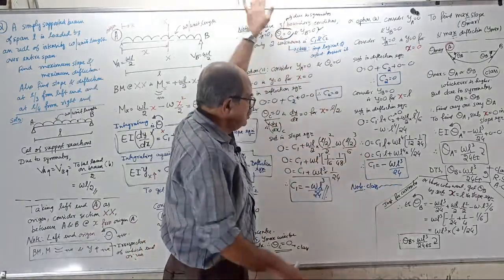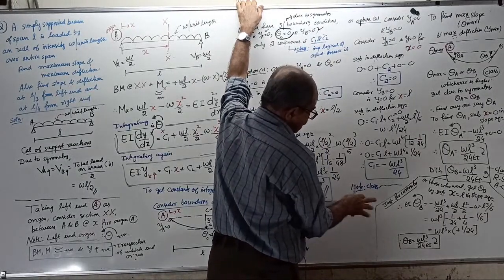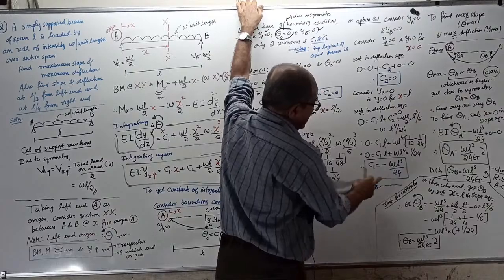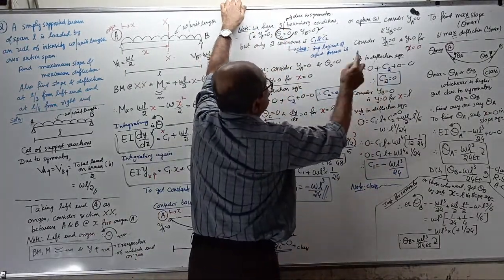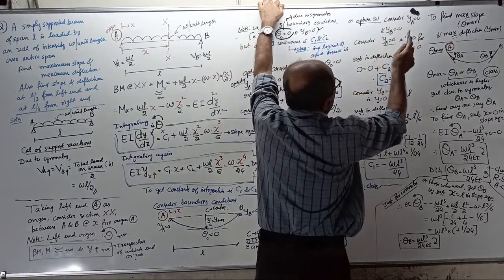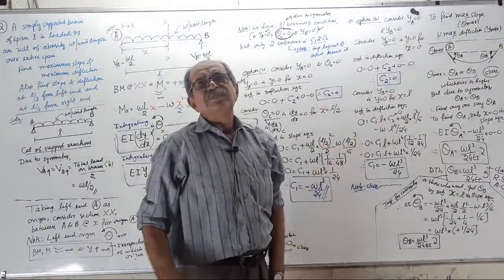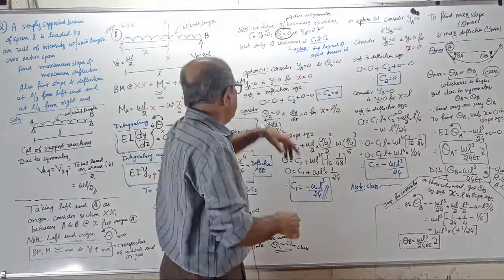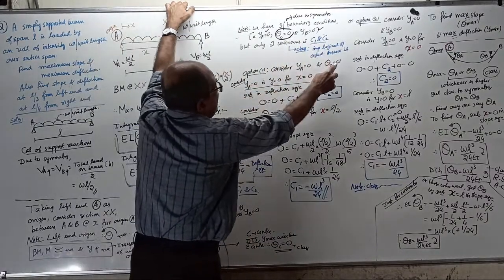Okay, start. Note in class. Yes. One note. Now, if you use, see, here you used YA 0 and YB 0. If you substitute X equal to L by 2, theta C will come 0. Or here, first time we used YA 0, theta C 0.